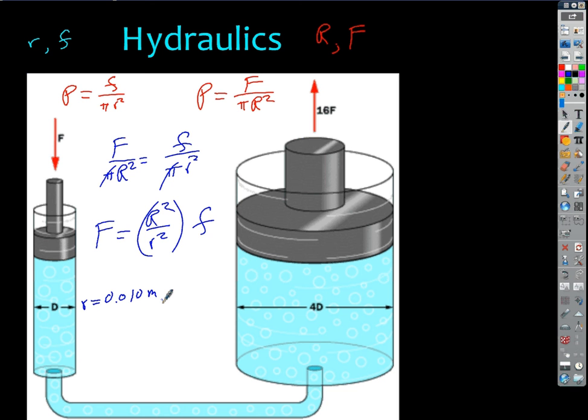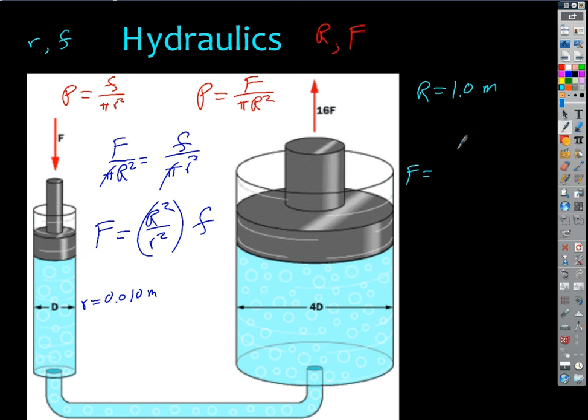Let's make it have a radius of 1 meter. So capital R is 1.0 meters. What's my ratio going to be then? What's the output force going to be? So the output and the input force, we'll just leave it F. What's this ratio going to end up being? 1,000.